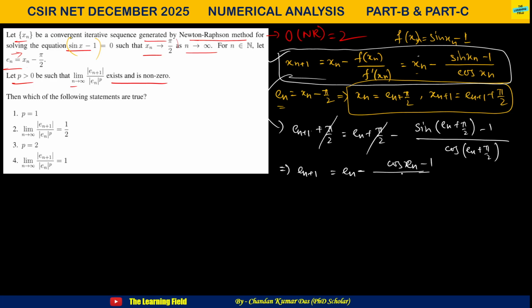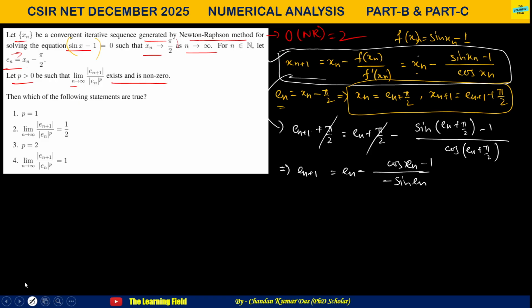Sin a cos b plus cos a sin b, and this cos means cos a cos b minus sin a sin b. So minus sin e_n.